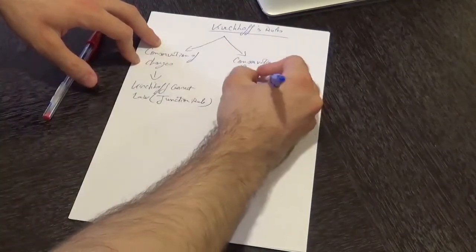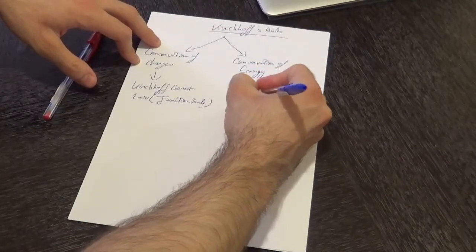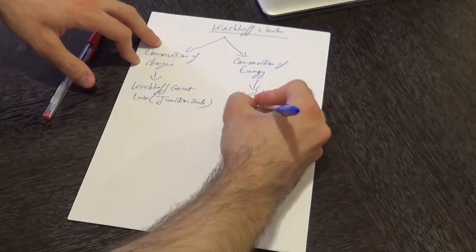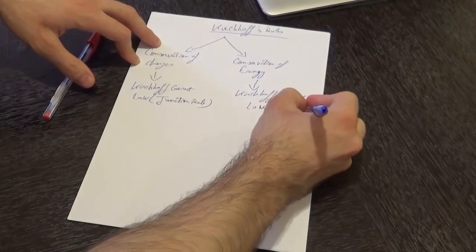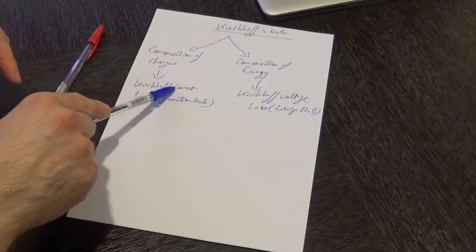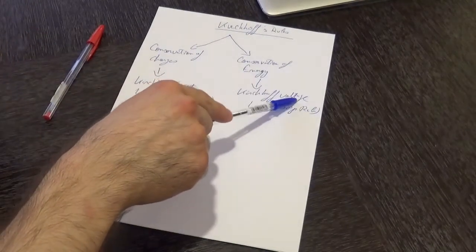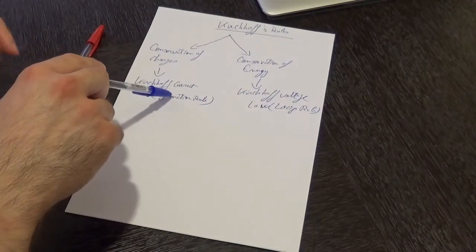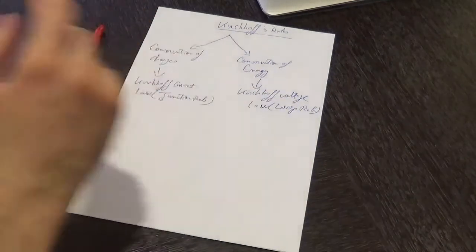And the conservation of energy is now known as Kirchhoff voltage law, and we refer to it as the loop rule. As we can see, the conservation of charges is related to the electrical current, and the conservation of energy is related to the voltage within an electrical circuit.